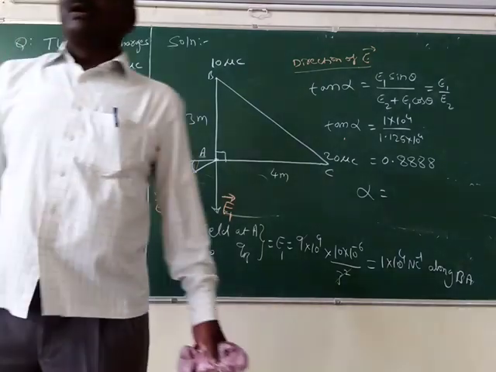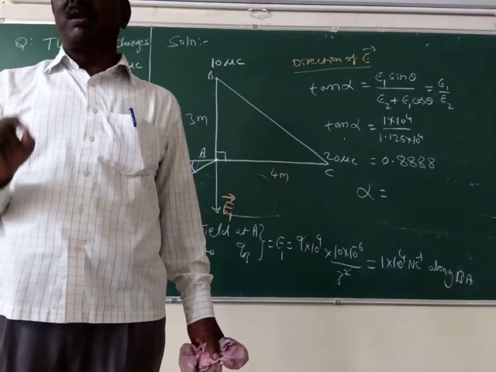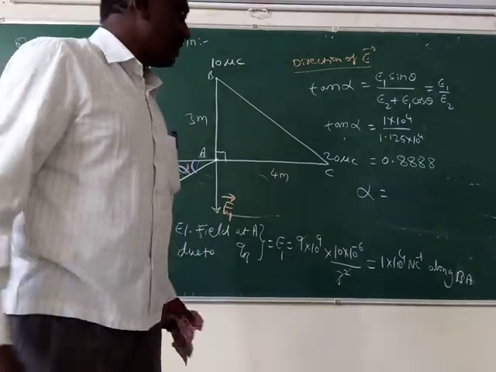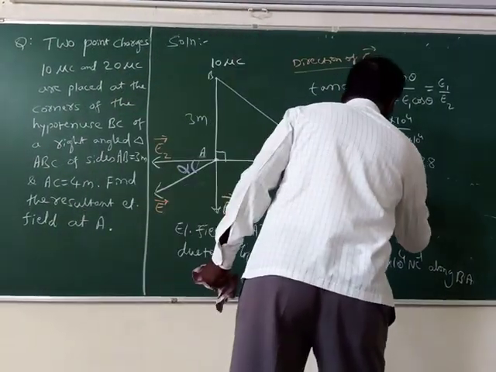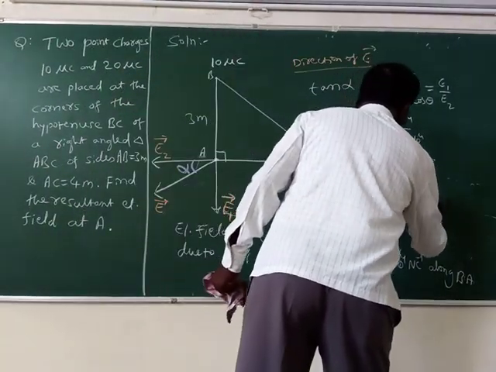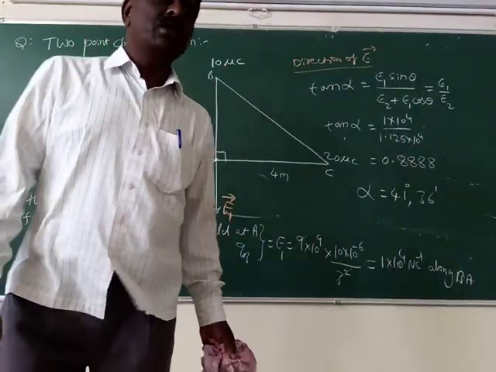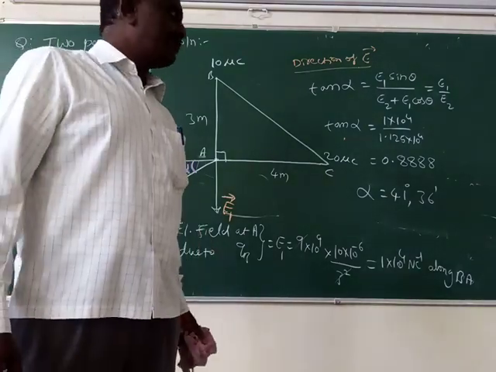See natural tangent in the log table. The value is equal to 41 degrees 36 minutes. If you see the log table, you will get alpha equal to 41 degrees 36 minutes.